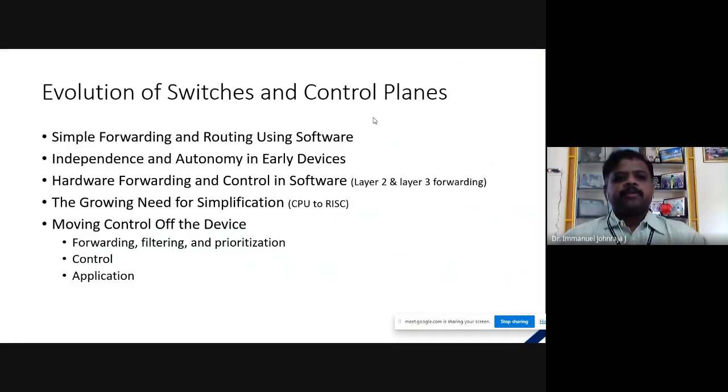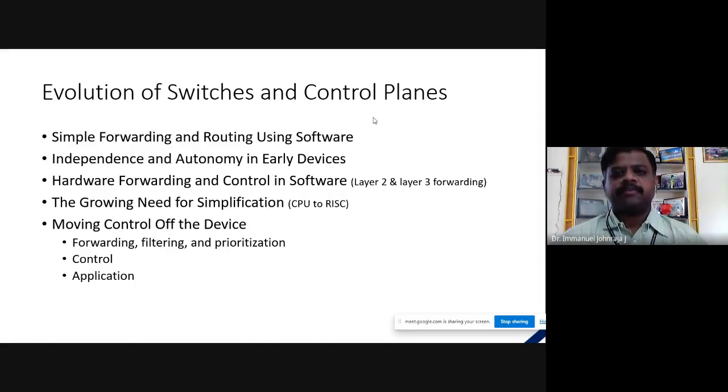Moving on. When you talk about the evolution of the switches and the control plane, you heard earlier about simple forwarding and routing using the software. We didn't have dedicated hardware, and every decision was taken using software-based methods. And then the independence and the autonomy in the early devices. This is something crucial. What is expected of every device?